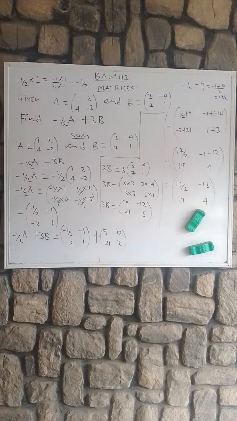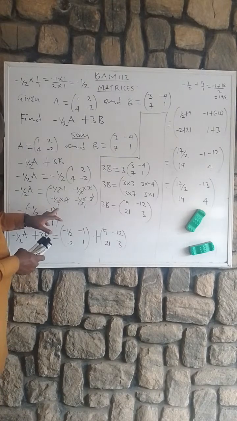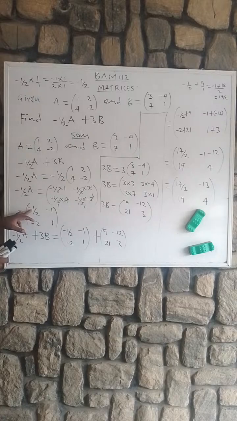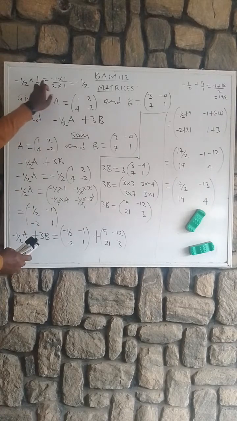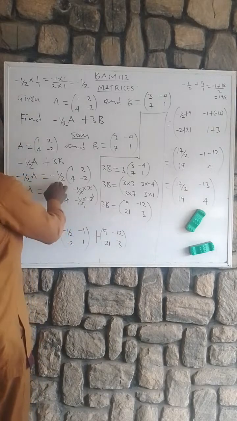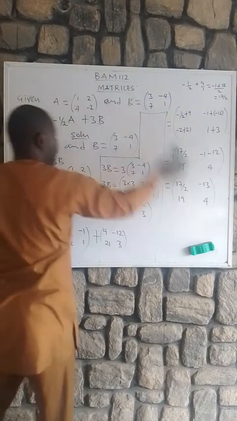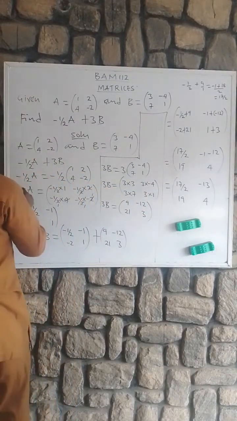So here, that is why we got minus 1 all over 2 from here. Then here, use this minus 1 all over 2 to multiply 2. The same way we are going to approach it.